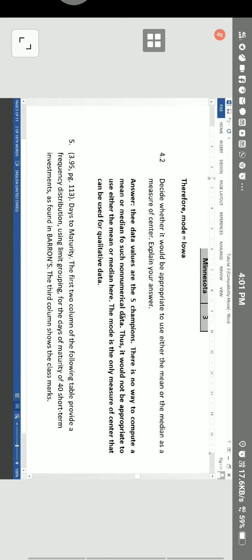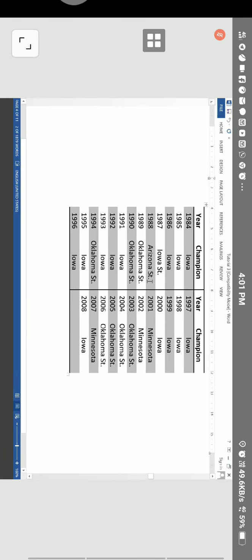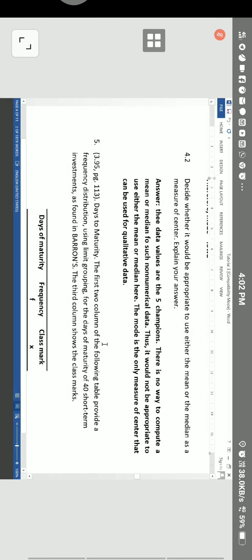Thus it is not appropriate to use either mean or median here. The mode is the only measure of center that can be used for qualitative data because you have non-numerical data. So it is not suitable to find the mean and the median. The suitable measurement you can use is only the mode.